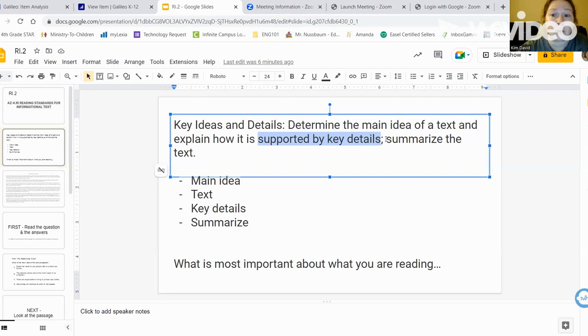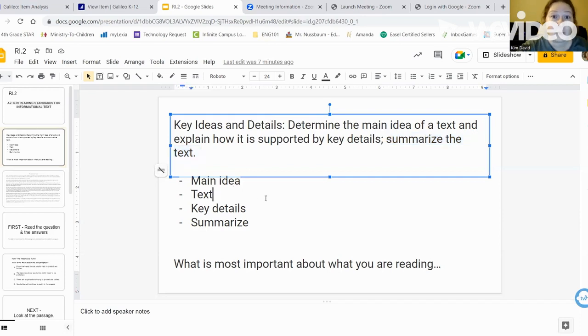And then we want to summarize the text. So how do you take 5 paragraphs worth of words and sum it up in 2 or 3 sentences so that you're not taking as much time telling somebody about what you just read?